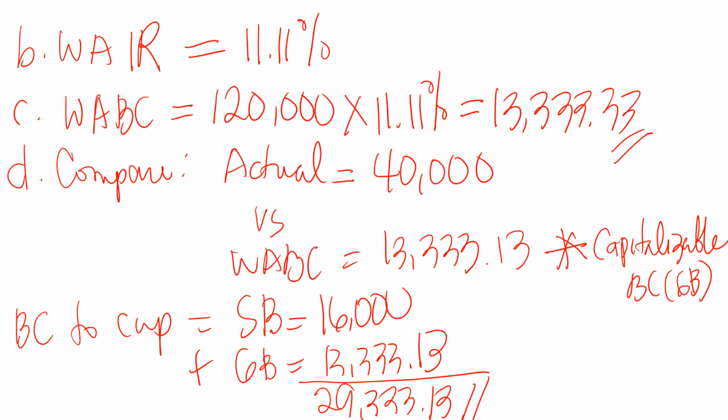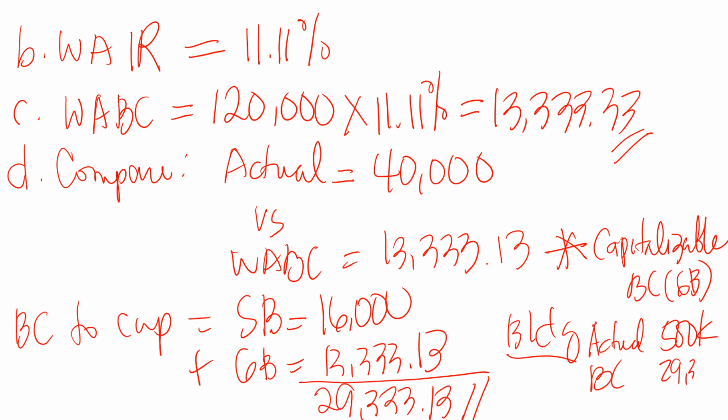So, magkano yung cost ng building? Yung actual na 500,000 plus yung borrowing cost na 29,333.33. So, ang total nito is 529,333.33. Ang sagot natin is this one. Yan yung magiging subject for depreciation.